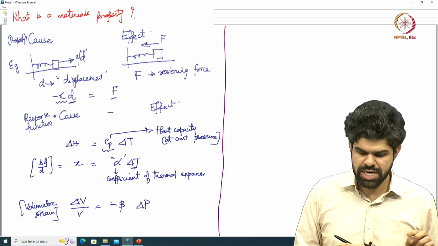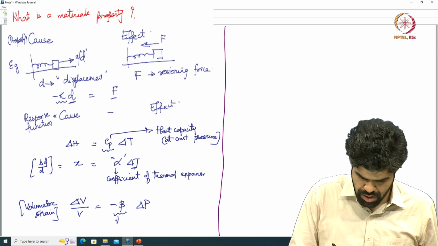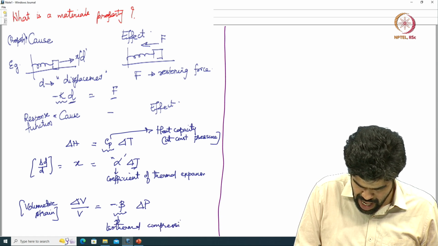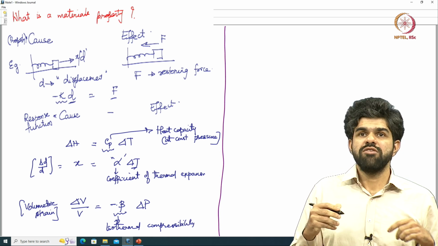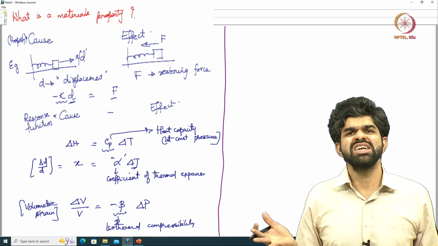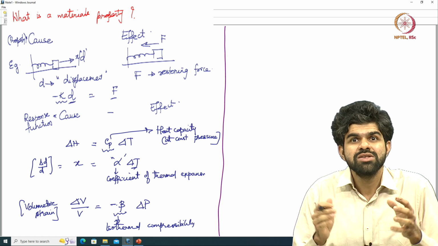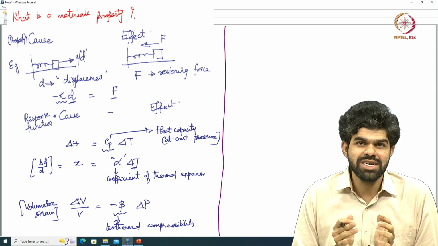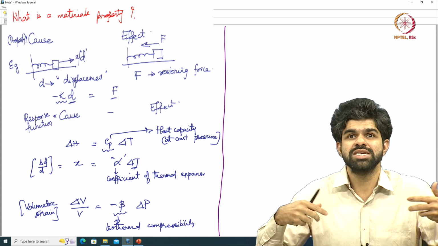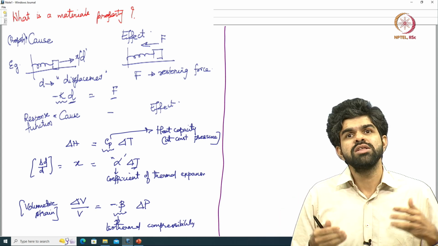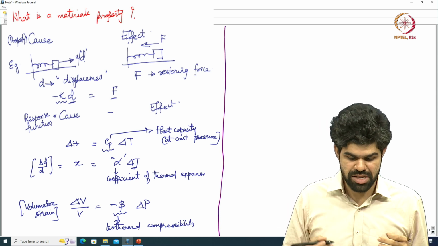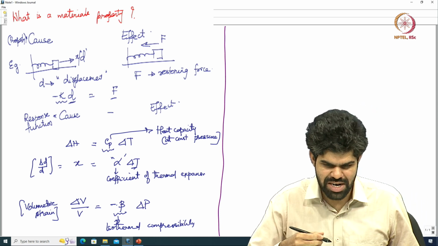So minus beta delta P. If beta is large, that is my material is very easily compressible, so I apply even a little amount of pressure, the material will compress a lot, right. So the change in volume or the volumetric strain is a lot. If beta is small, the material is hard to compress, right. So it's a sort of a harder material. So beta is a property of the material, right.